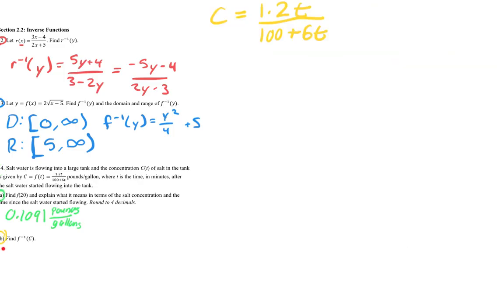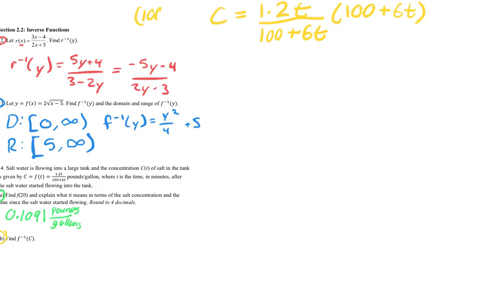All right, so we're looking at 34b, find the inverse of f of t, or c. So c is equal to 1.2t over 100 plus 6t. The first thing I'm going to do is multiply both sides by the denominator, 100 plus 6t.